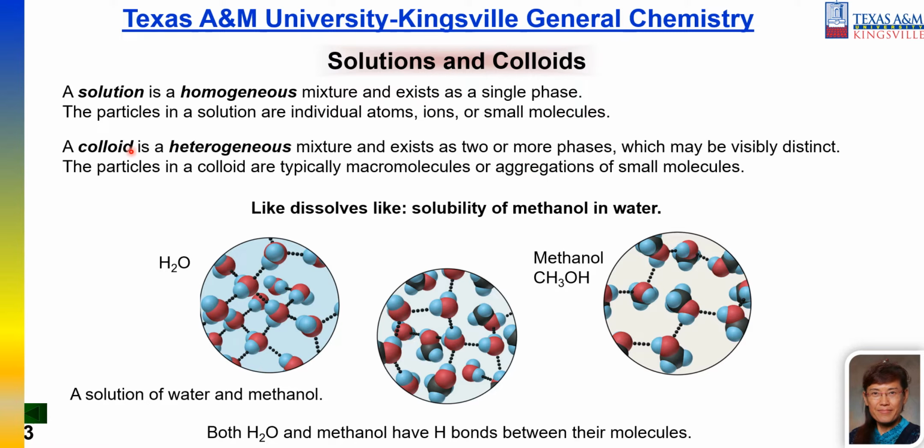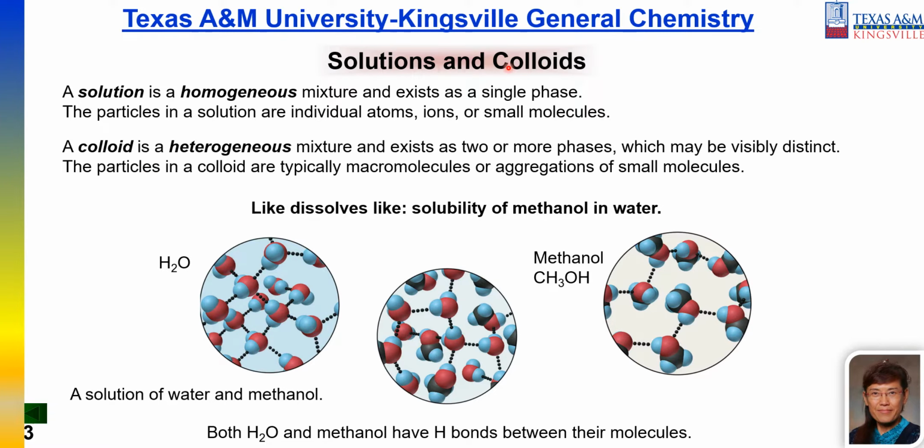Usually, the dispersed substance is dispersed in your dispersing agent, and the particle size ranges from 1 nanometer to 1,000 nanometers. The particles in a colloid exhibit some special properties. One is called the Tyndall effect, another is called Brownian motion. Tyndall effect and Brownian motion.